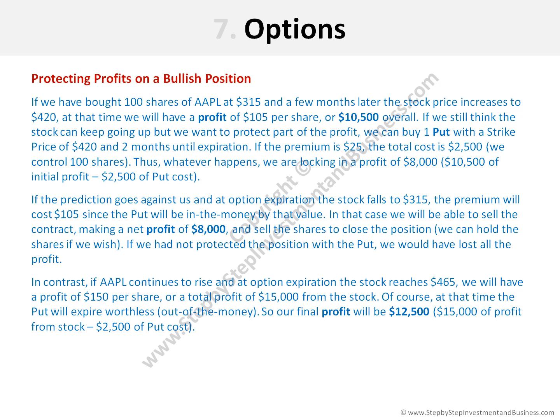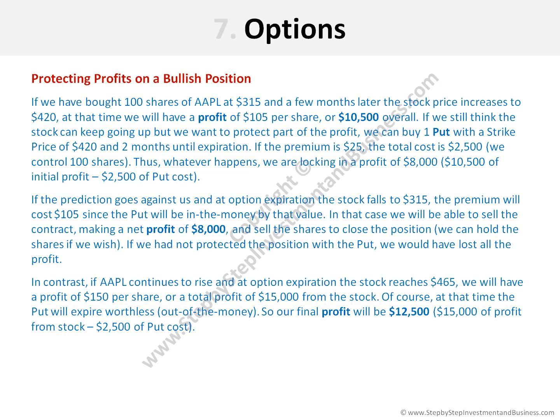In that case, we will be able to sell the contract, making a net profit of $8,000, and sell the shares to close the position. We can hold the shares if we wish. If we had not protected the position with the put, we would have lost all the profit.